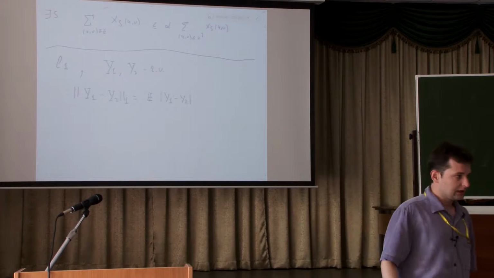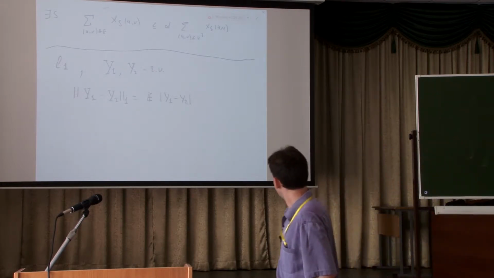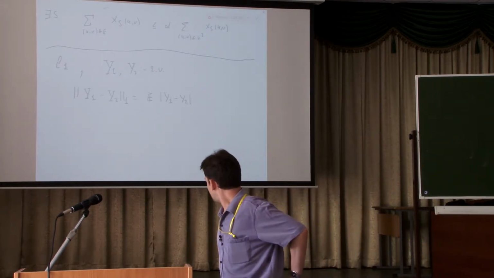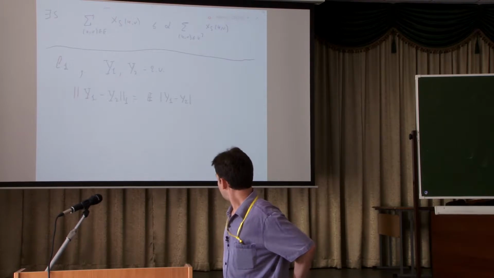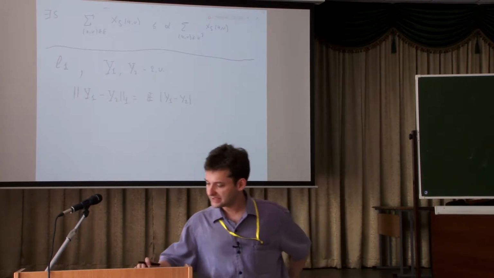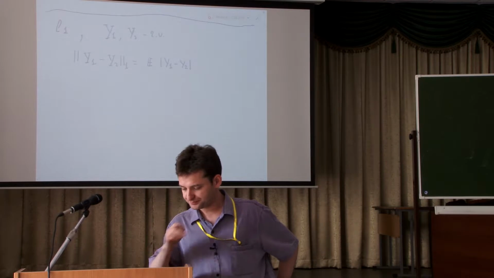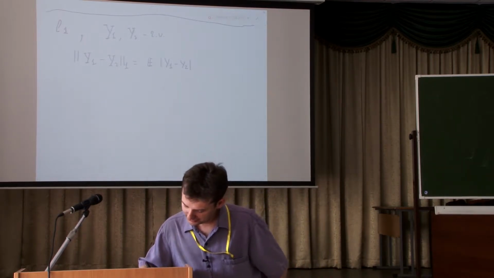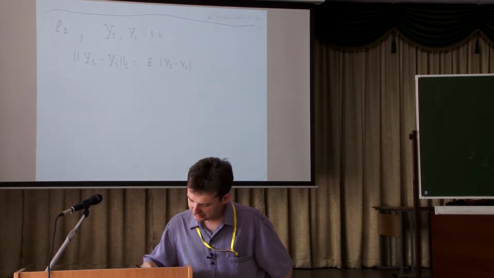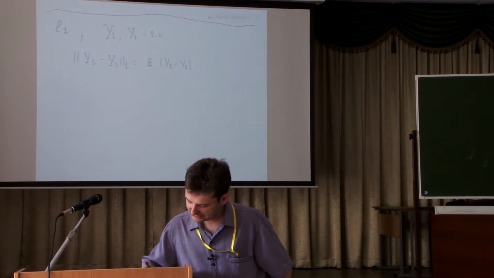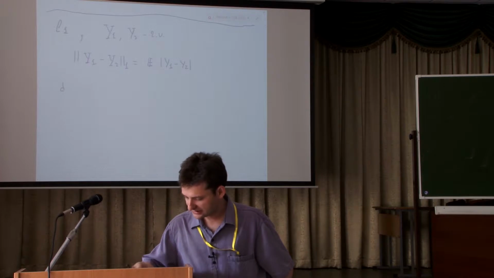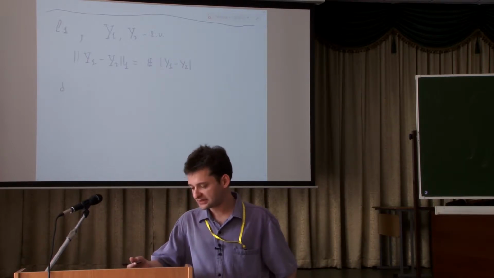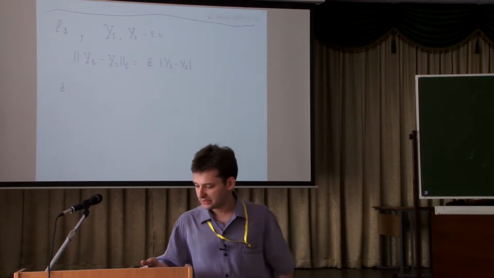And let's say that a metric space is an L1 metric space if there exist some random variables.